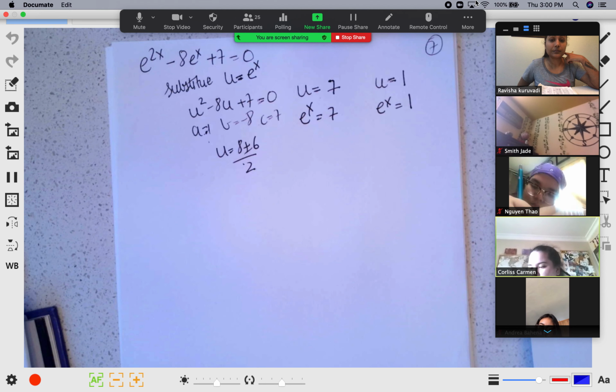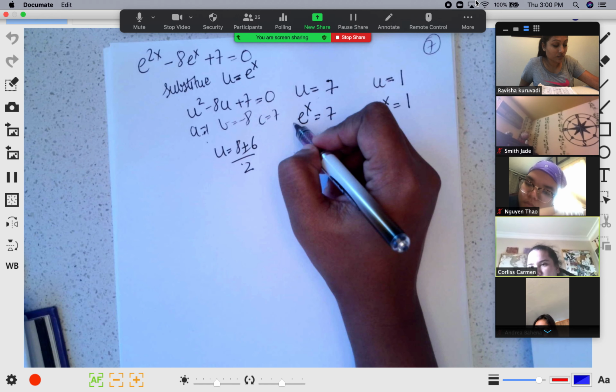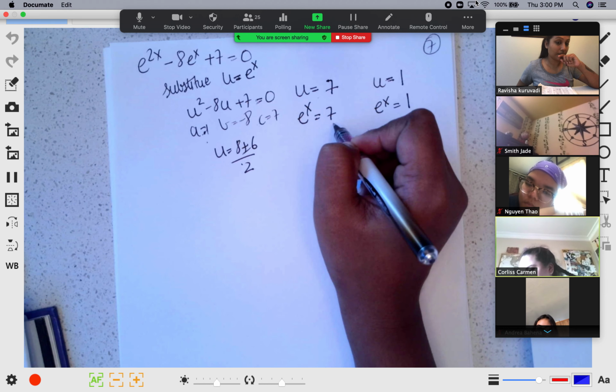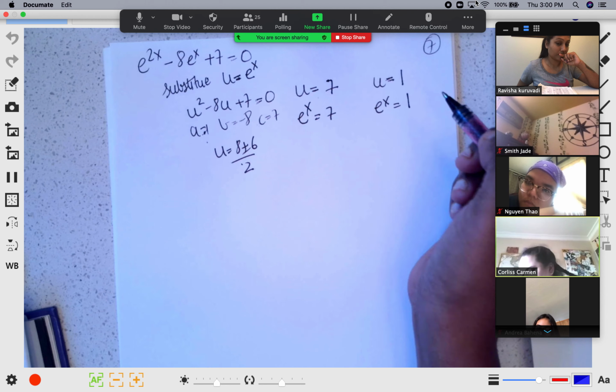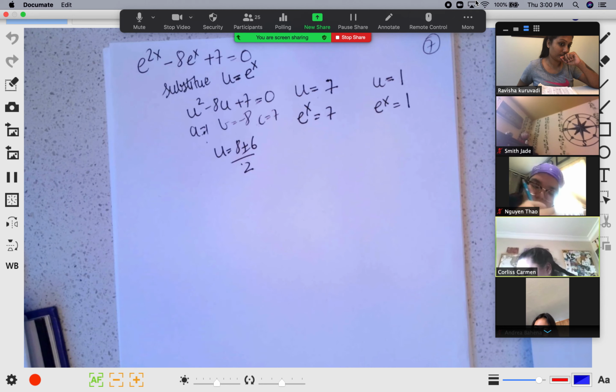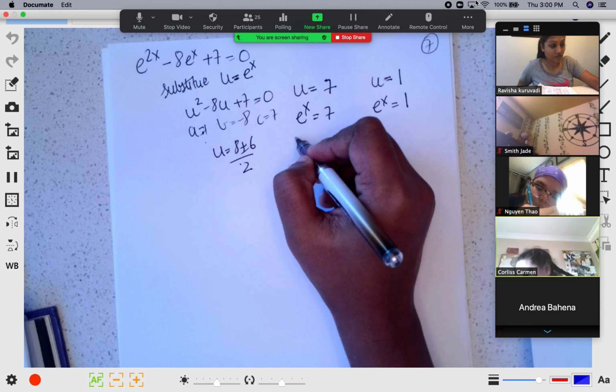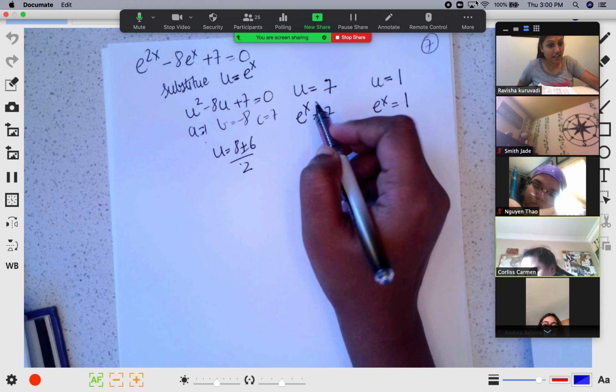And how do you solve these? You would put it back into the e to the power of x, right? Yes, I did already. So then it'd be, so I need to find this value of x.